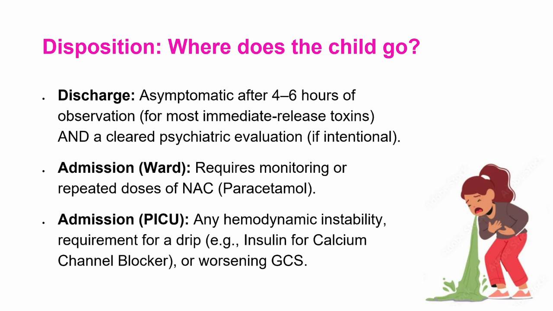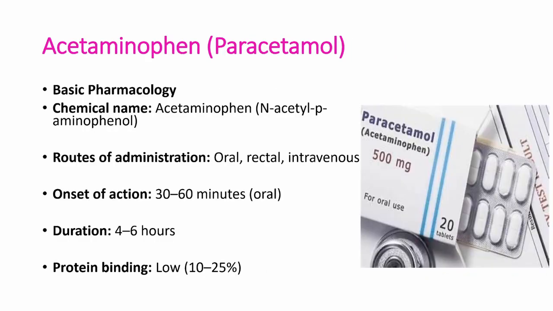I would like to give some examples. You come across paracetamol poisoning as well as steroid poisoning day to day. Paracetamol has an onset of action within 30 to 60 minutes, which is half of 4 to 6 hours.